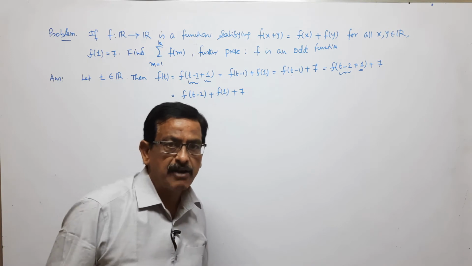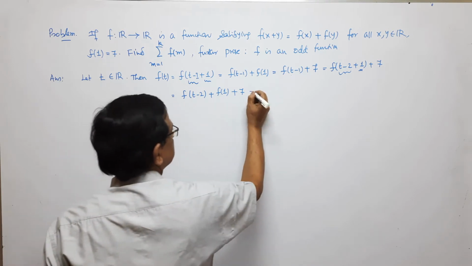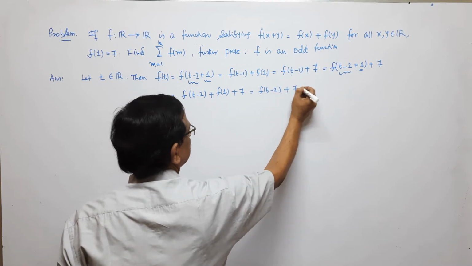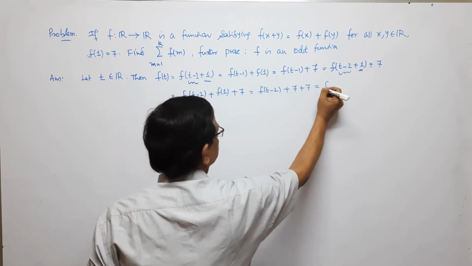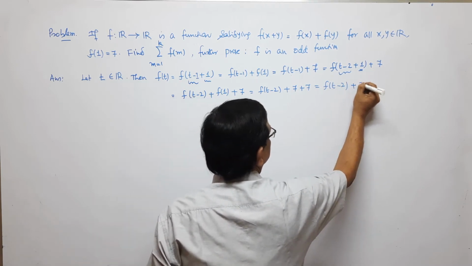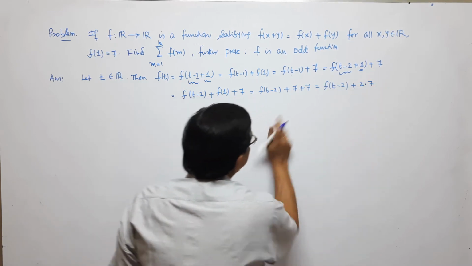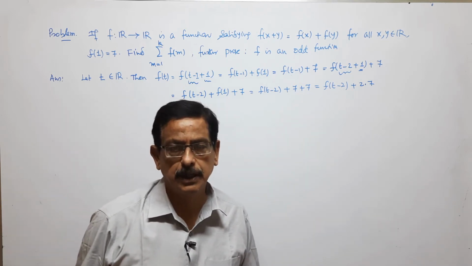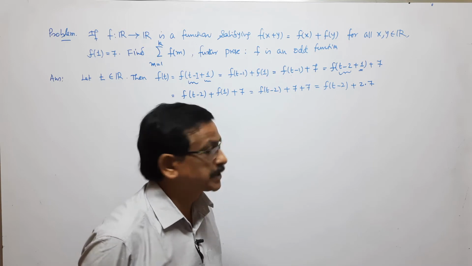But we know again f1 is 7. So this is f of t minus 2 plus 7 plus 7, which is equal to f of t minus 2 plus 2 into 7. The 7 appears 2 times.